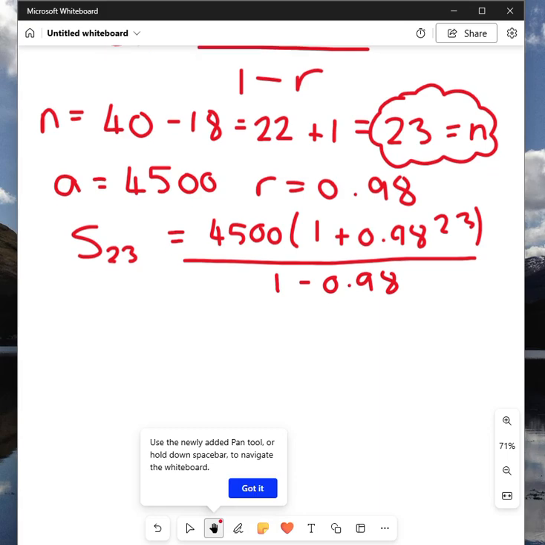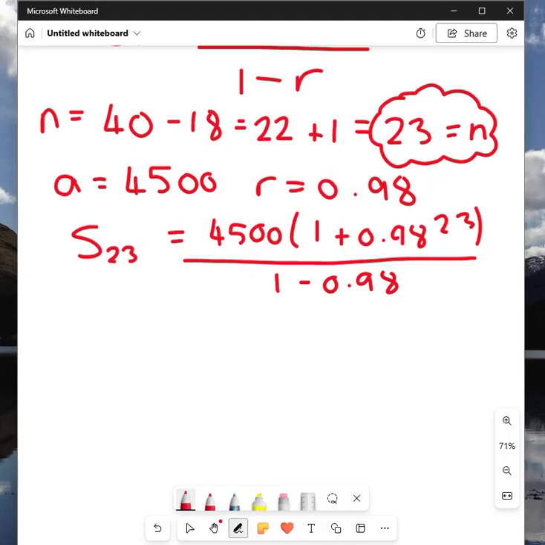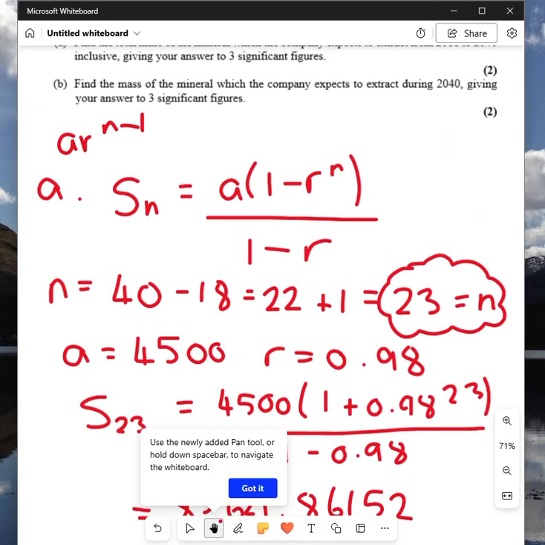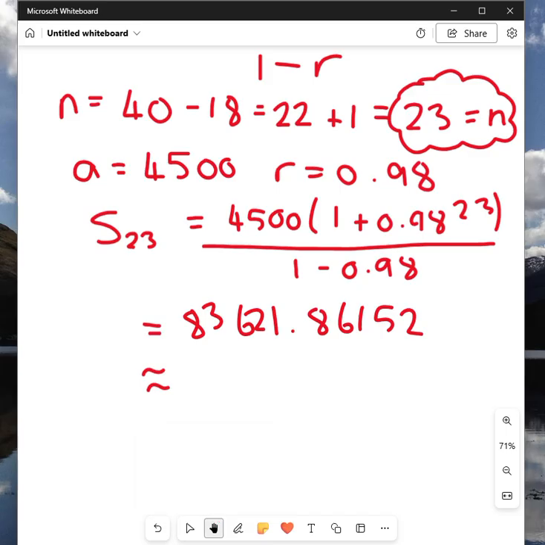And that is going to get us 83,621.86152. I'd write out the full value and then I would round it afterwards because it does ask us to put it to 3 significant figures.